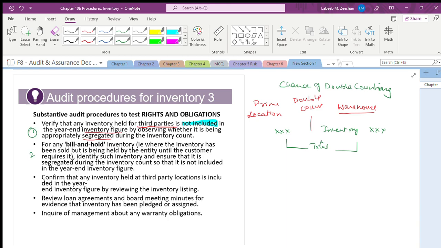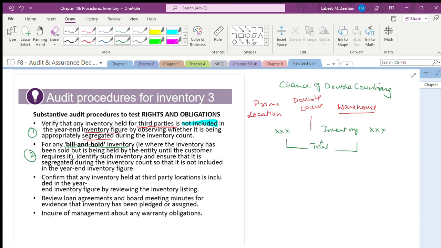Now, what is the second point they are saying? For any bill and hold inventory, what is bill and hold? You have sold the inventory, but it is held by the entity until the customer requires it.